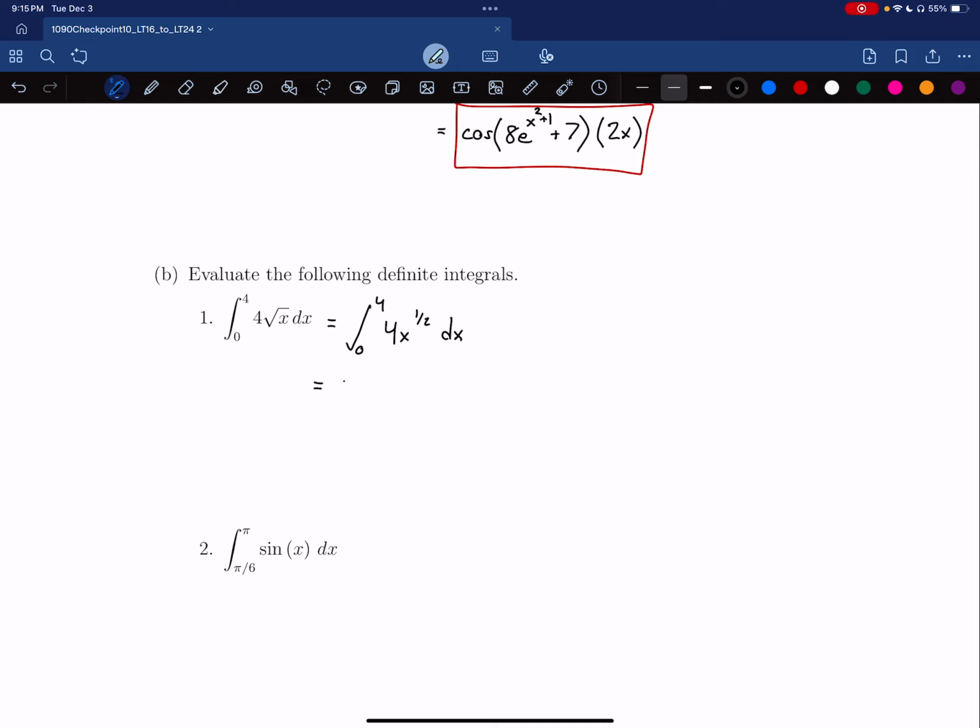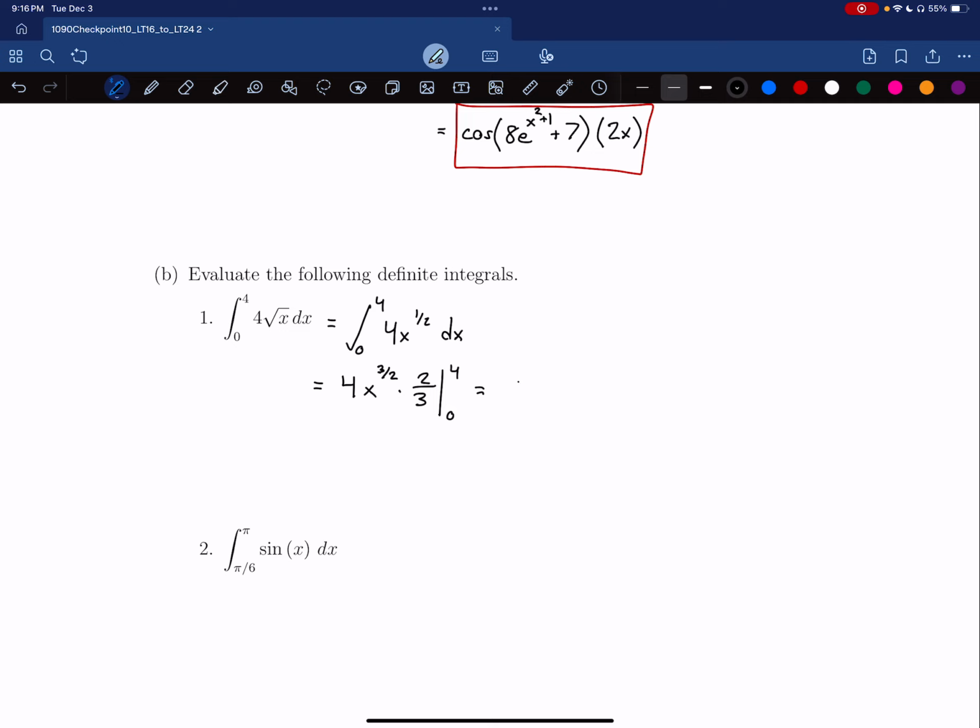So I'm going to keep that 4 there, and I'll have x, and the exponent will be 1/2 plus 1, so 3/2. And then now we divide by that exponent, which is the same as multiplying by its reciprocal, 2/3, and the bounds from 0 to 4.